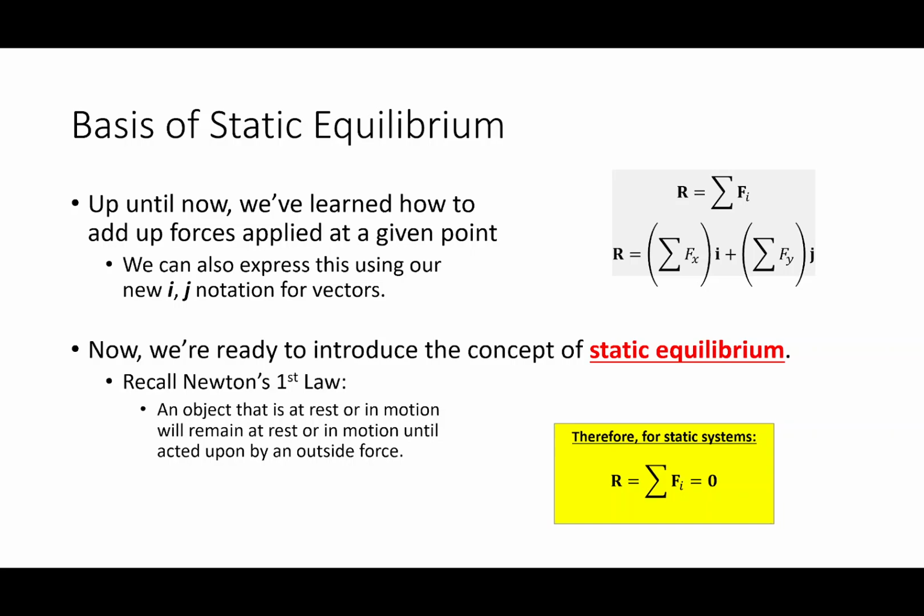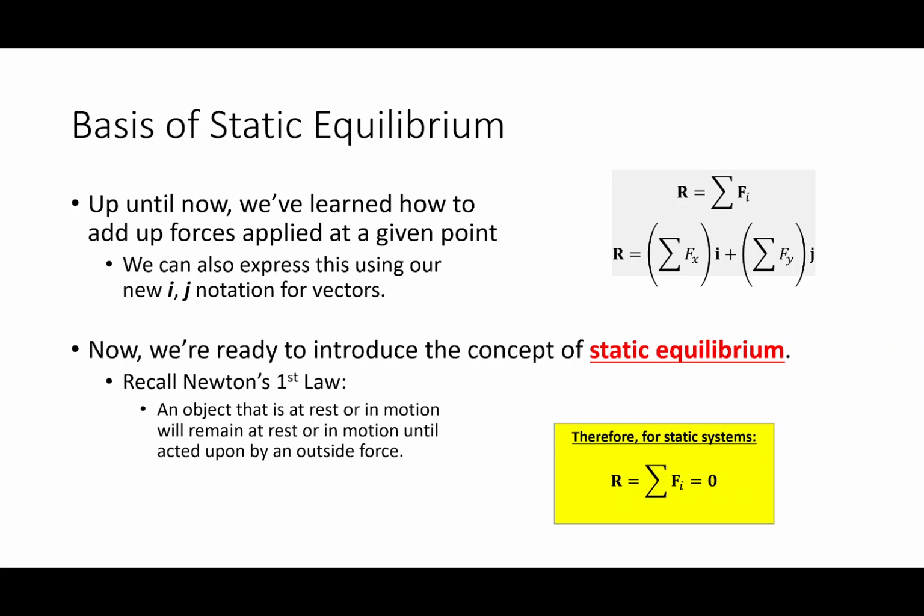Well, Newton's first law says that an object at rest will stay at rest until it's acted upon by an outside force. But if it's already at rest, I propose that the sum of the forces must be zero. So what are these equations of static equilibrium? For static systems, the resultant for the system must be zero.